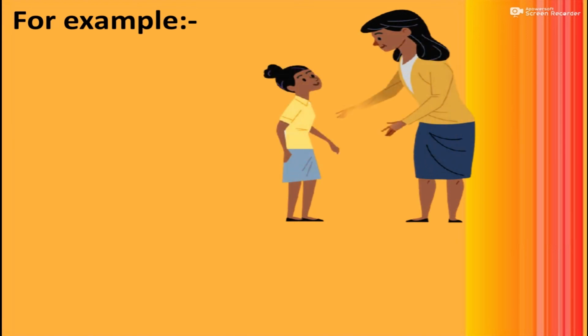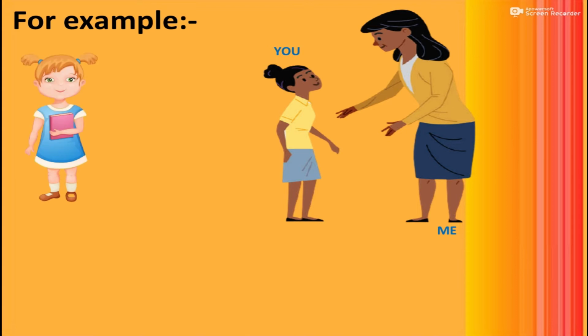Now let's understand the first person and second person through an example. Let us just imagine this is me and this is you. And we both are talking about this girl who is standing far away from us. I am speaking to you. So who is speaking first?